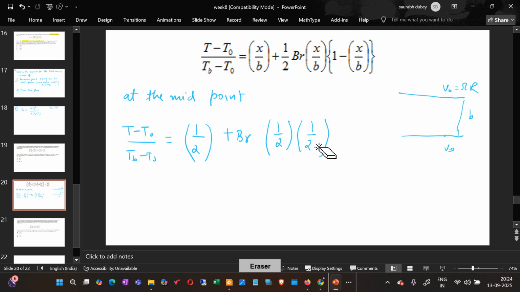So it is 1 by 2, 1 by 2, and 1 by 2. This is 1 by 2, this is 1 by 2 already, and here 1 minus 1 by 2 is 1 by 2.